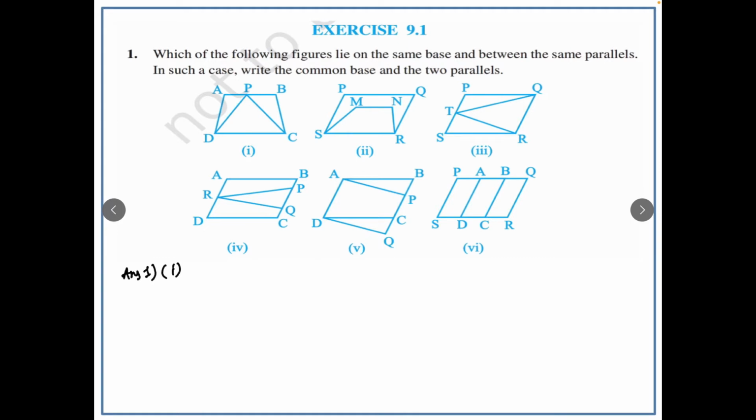In this first figure, we have a trapezium ABCD and a triangle PCD. You will see that this trapezium and triangle are standing on the same base, which is DC. So the same base here is DC, and they are lying between the same parallel lines.